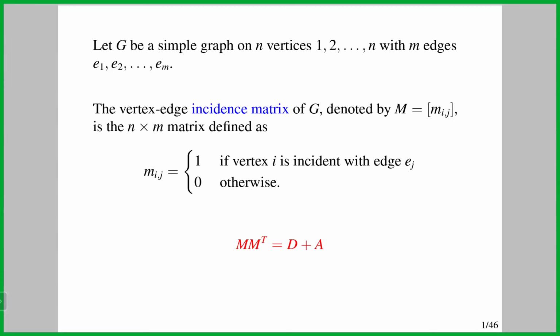The ij-th entry of the incidence matrix is 1 if vertex i is incident with edge e_j, and 0 otherwise. An important property is that if you multiply M times M transpose, you get the degree matrix plus the adjacency matrix. I'll come back to that later.